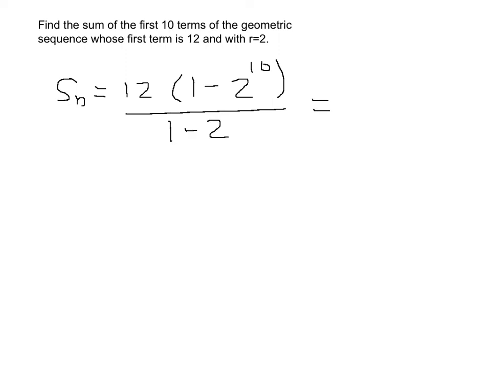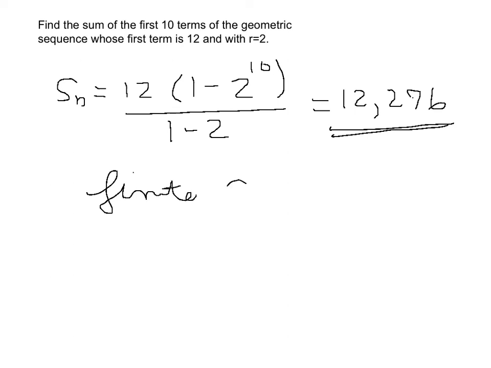And if we use our trusty Inspire, this is what we should get. Okay, so pretty easy. And that's what happens when we're looking for the sum of a finite geometric series.